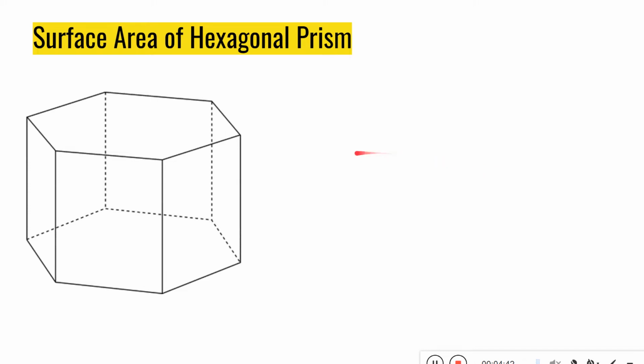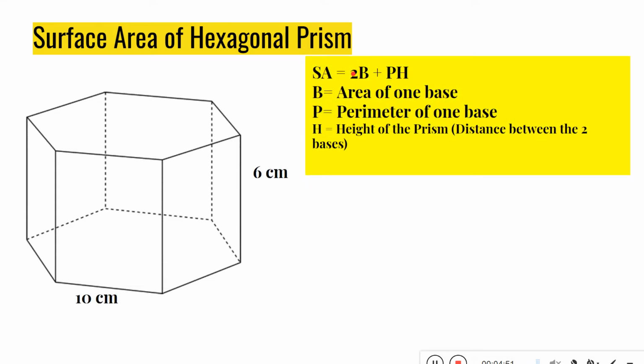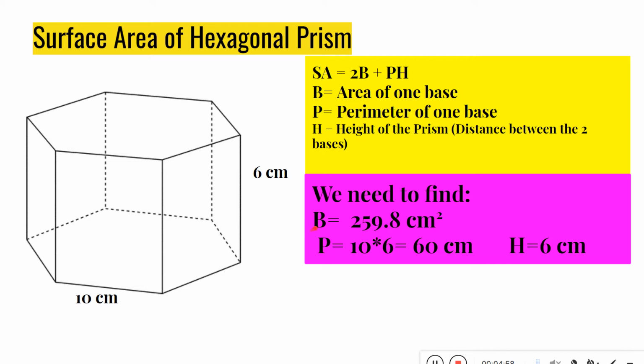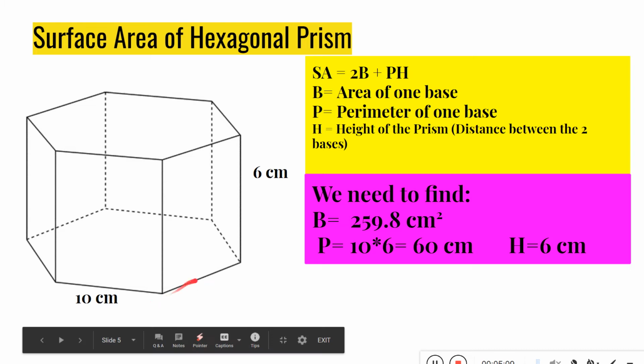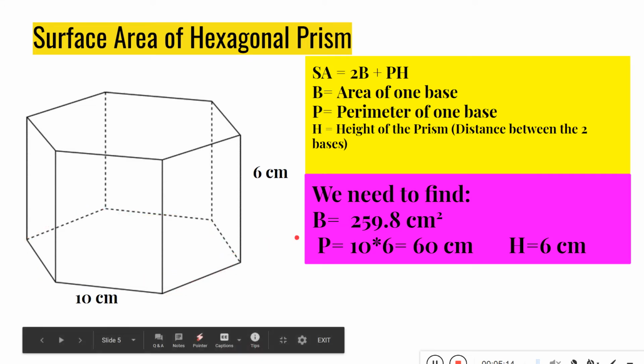Okay, so let's go back. Now we know the area of one of these hexagons. The surface area formula, again, is twice base, which we just calculated, plus perimeter times height. So we calculated that base area to be 259.8. The perimeter is 60 because I have 6 sides and they're 10 centimeters each.